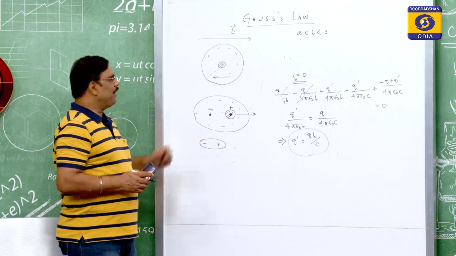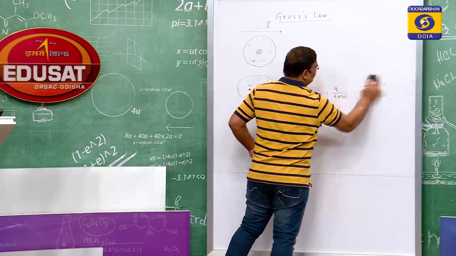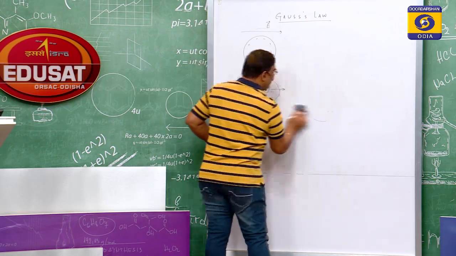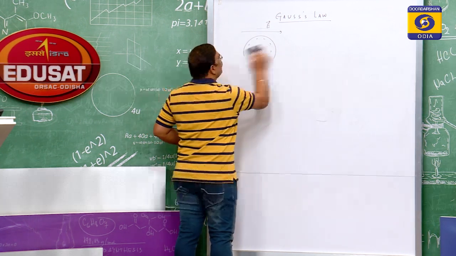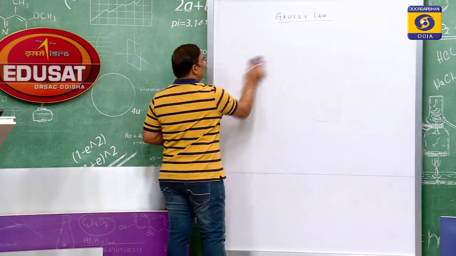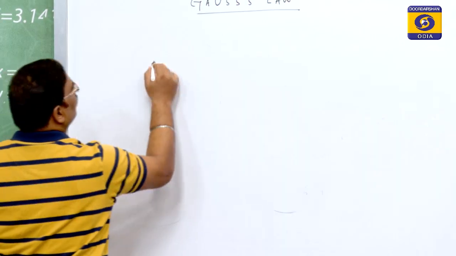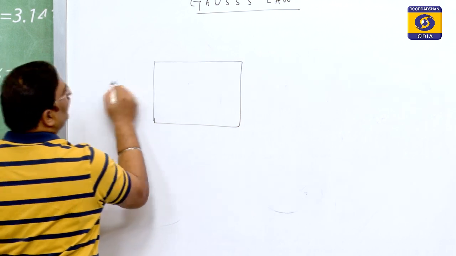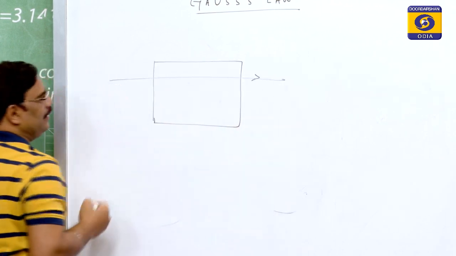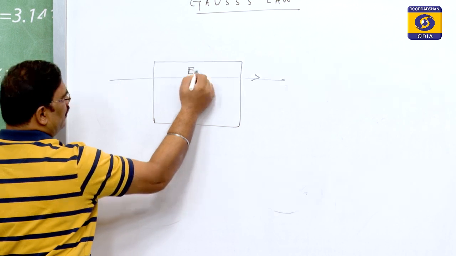So, if I apply an electric field in a piece of dielectric, may be polar or non-polar, suppose the applied electric field is in this direction. So, this is my E0.